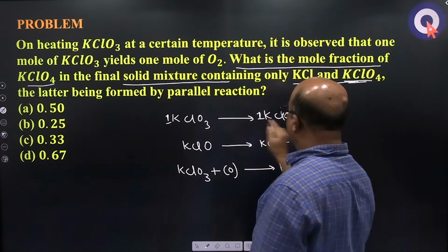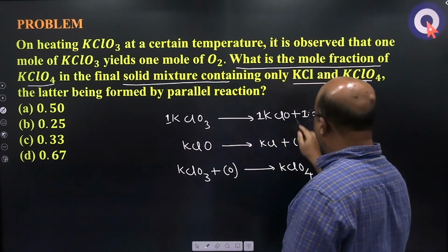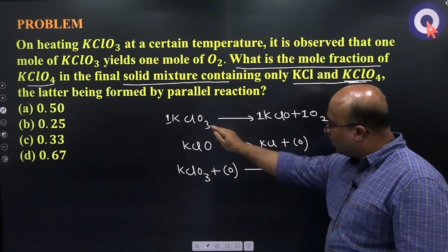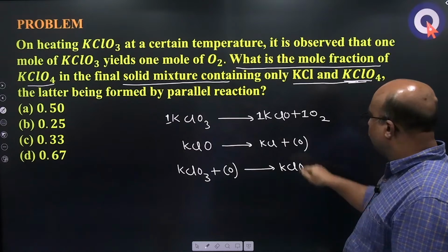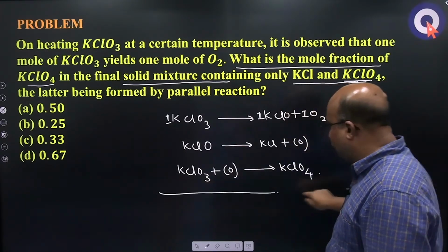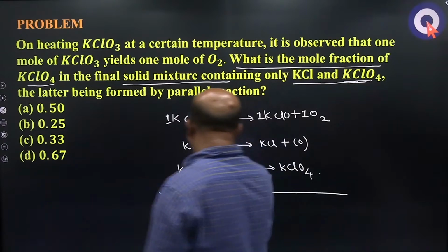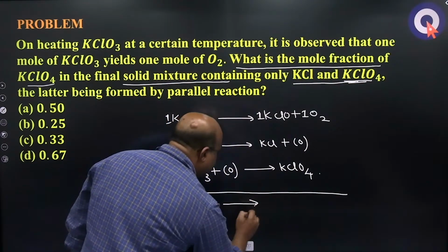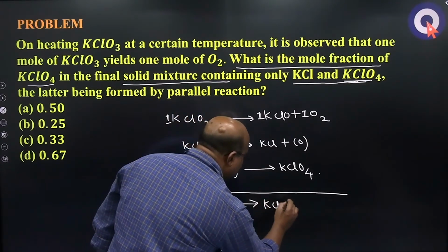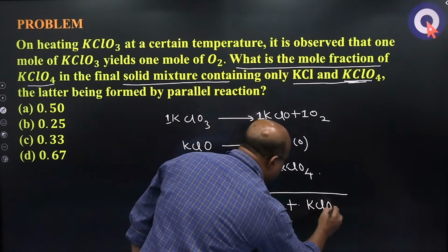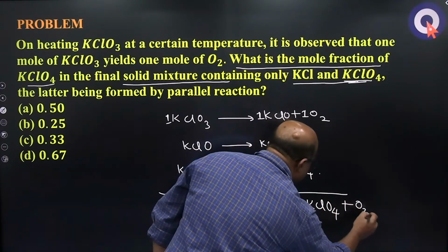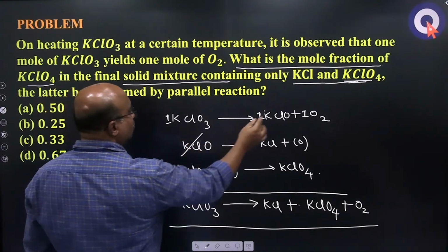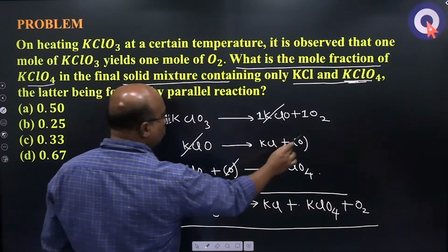While decomposing, it converts into this, then this gives KCl plus O, then this O oxidizes KClO3 simultaneously to KClO4. So finally KClO3 is converting into KCl plus KClO4 plus O2, because KClO cancels, O cancels.